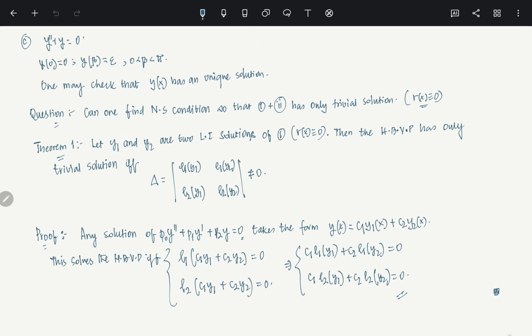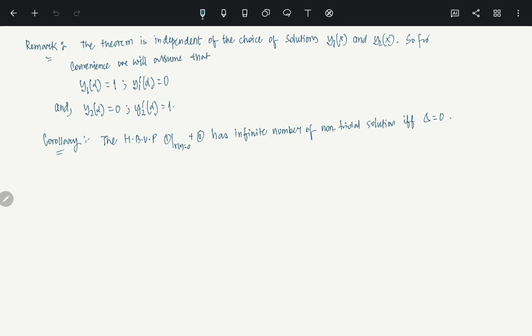That's trivial, right? If delta is 0, then there are infinitely many solutions C1, C2 such that y satisfies that equation. So you will have infinitely many solutions. So that's the if and only if condition: if and only if delta equals 0. That's given.